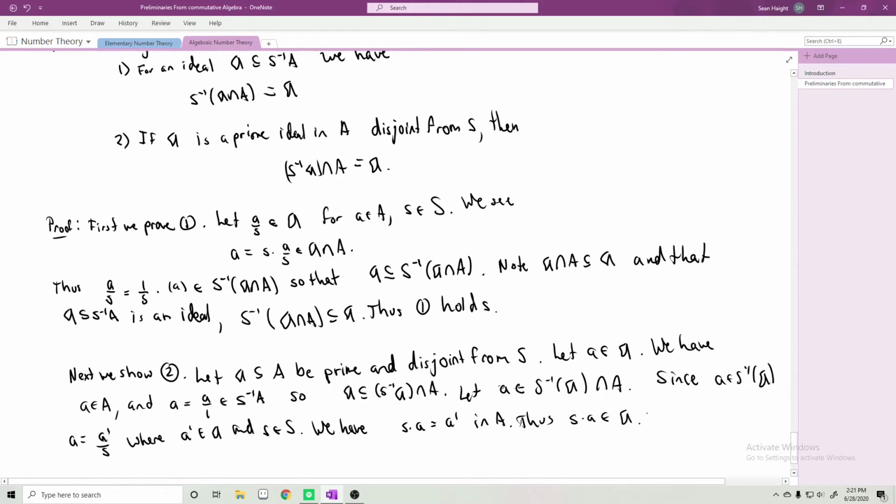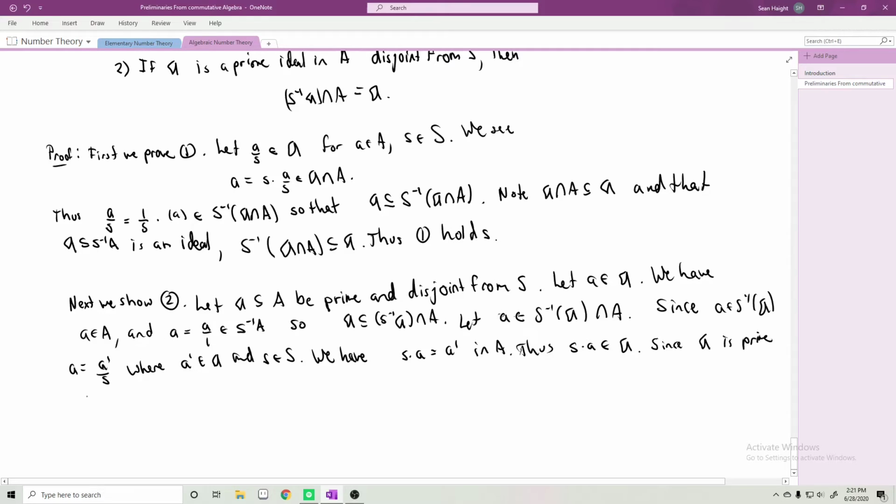Since this is a prime ideal and it's disjoint from S, we either have to know that a is in here or s is in here. But 𝔭 is disjoint from S, so the latter condition can never happen. Thus, a is in.